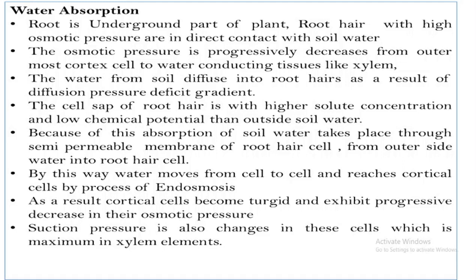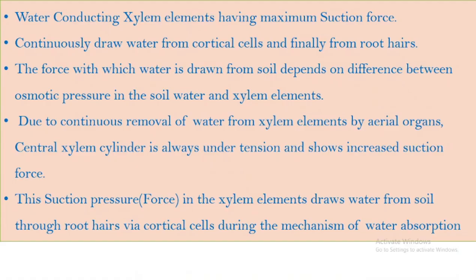into the root hair cell. In this way, water moves from cell to cell and reaches the cortical cells and then the endodermis. As a result, cortical cells become turgid and exhibit a progressive decrease in their osmotic pressure. Suction pressure also changes in these cells, and is maximum in xylem elements.